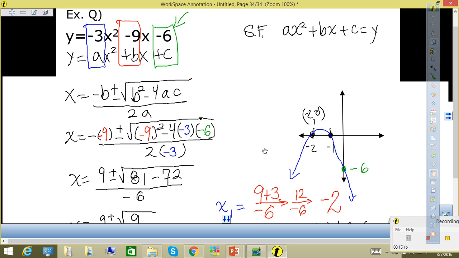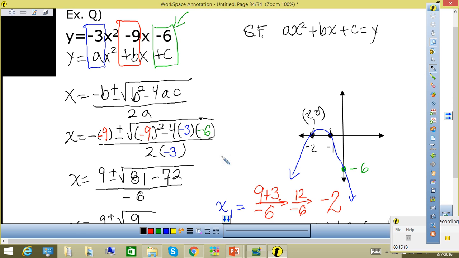So, the last part. Look up, please. Pens down. Check this out. This part inside of the radical is known as the discriminant. What does that mean? This tells us how many solutions you're going to find in a quadratic equation.